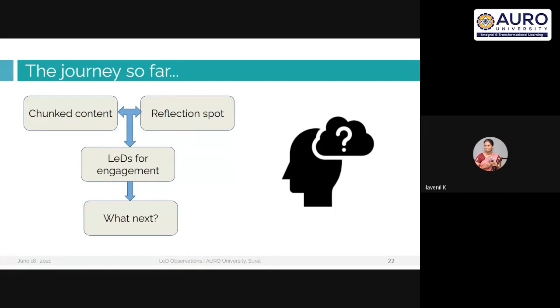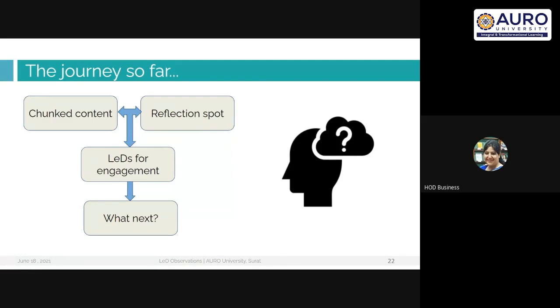I have a question. When we're talking about reflection spots, we talked about the pictorials to be placed there, and we talked about the text. I was just thinking, can we have some audio reflections also, just to innovate more on the reflections part, so that people get connected?